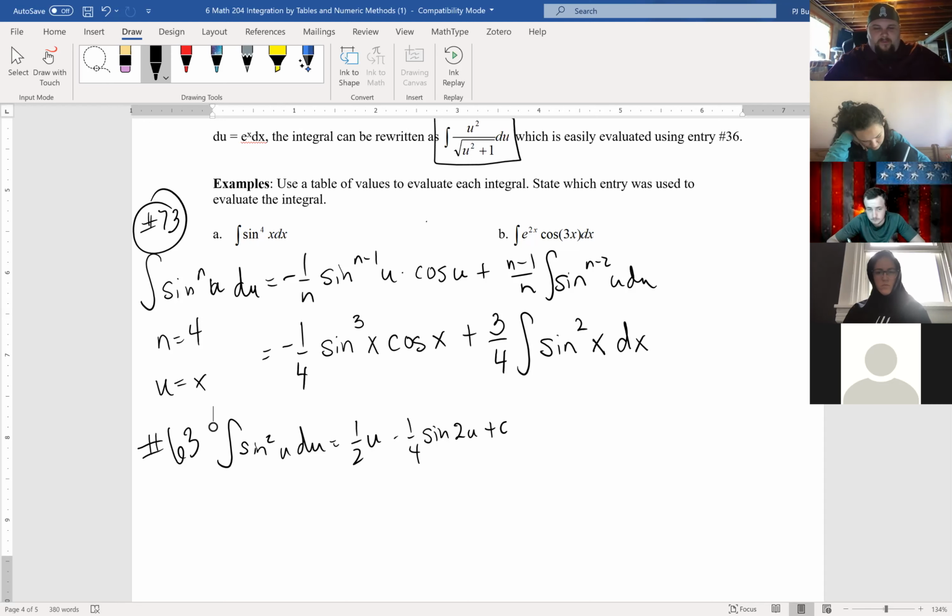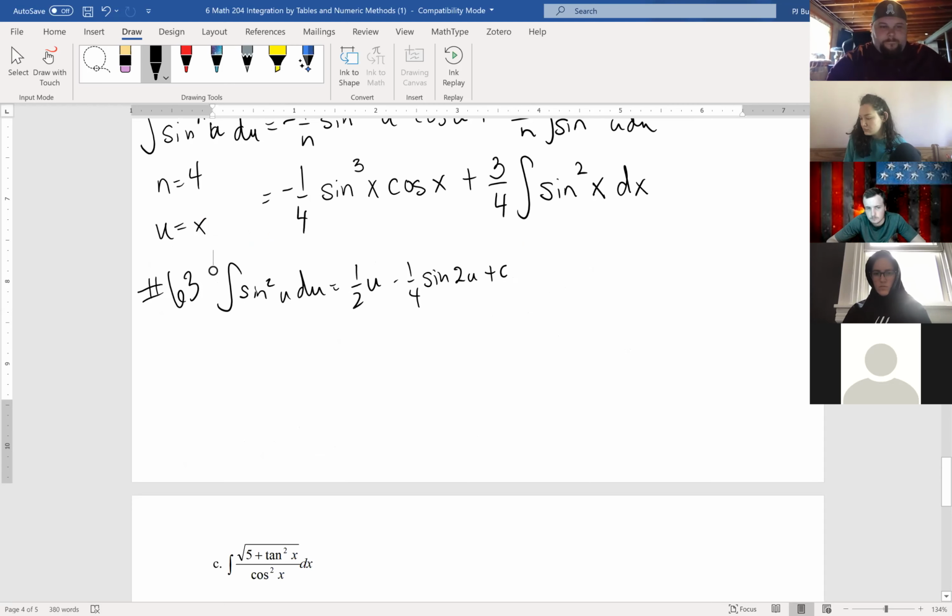And we've done that one before, right? That's just a basic trig integral. The sine squared would get changed into the power reducing formula of 1/2 times 1 minus cosine 2u. And that then would easily result in what we see there. So I'm using this for this integral. The minus 1/4 sine cubed, all that stuff comes along.